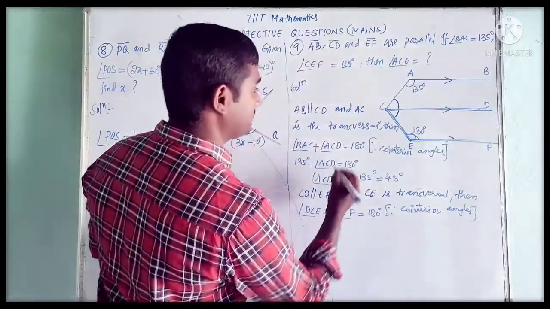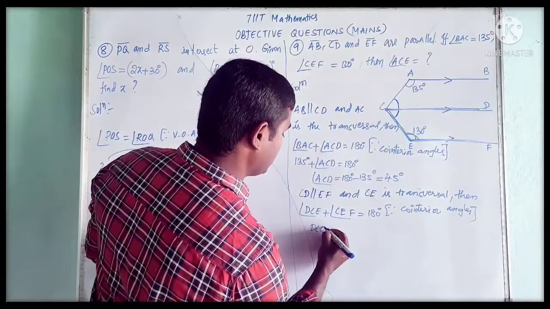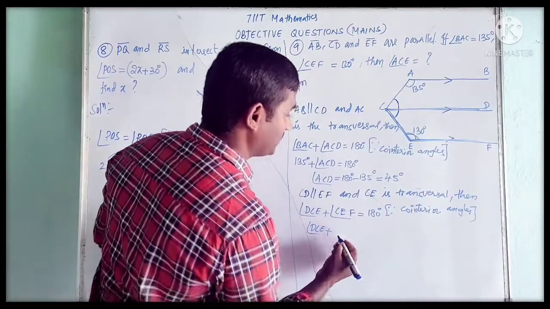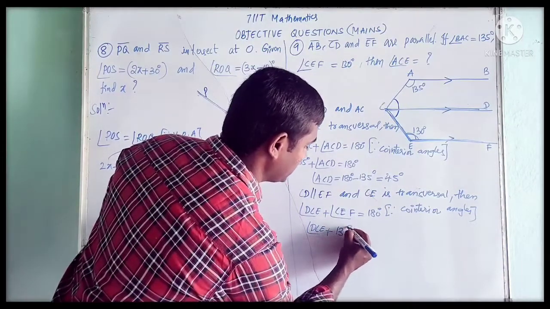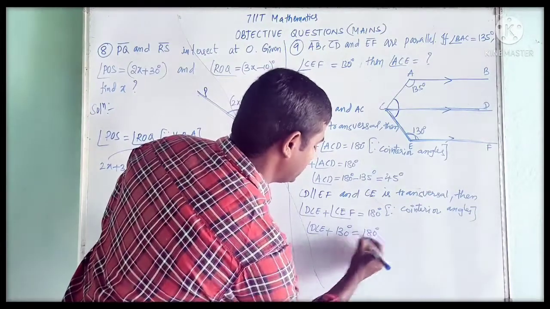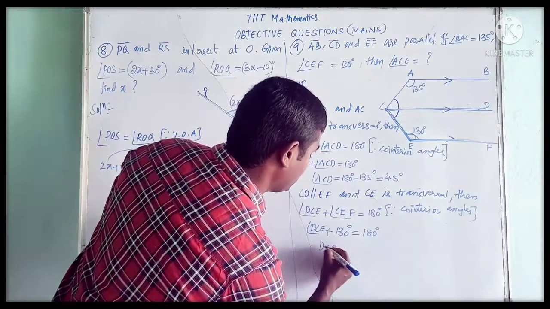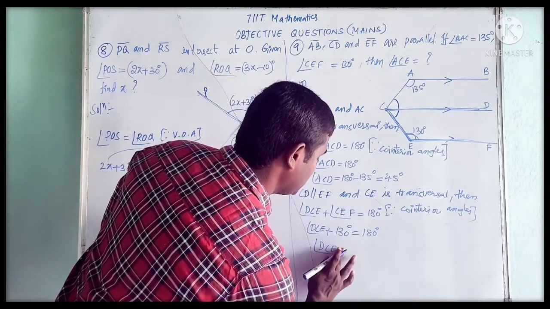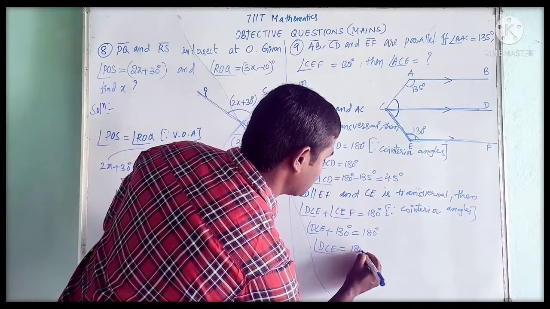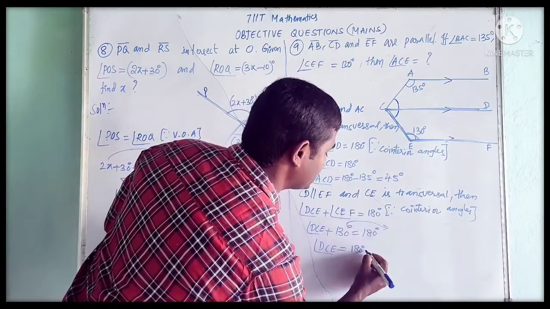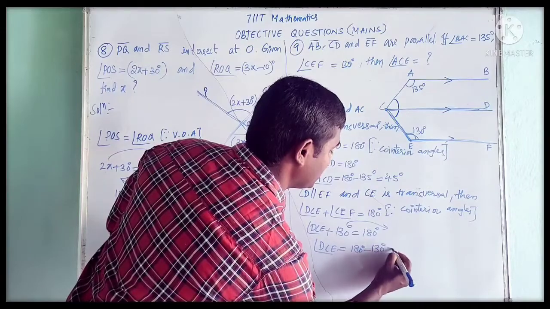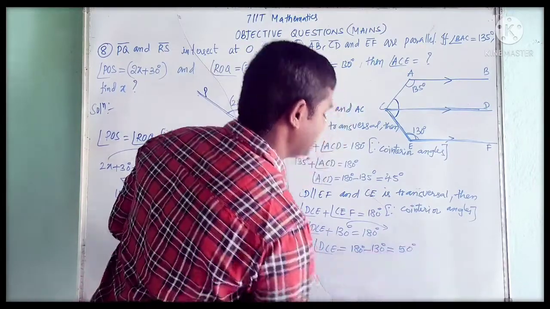So DCE we don't know. DCE plus CEF, where CEF is given as 130 degrees, equals 180 degrees. Transposing 130 to the right side, DCE equals 180 minus 130, which is 50 degrees.